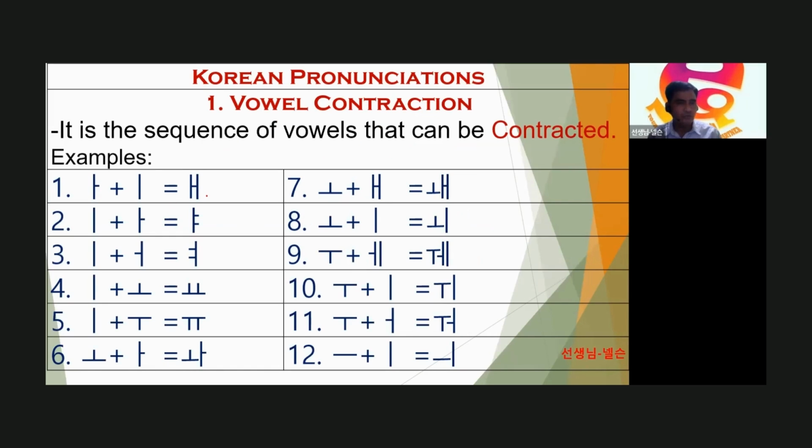Ito rin naman yung na-discuss ko last time na combined vowels. Binasa ko siya: ㅏ plus ㅣ equals ae, ㅑ plus ㅣ equals yae, ㅓ plus ㅣ equals e, ㅕ plus ㅣ equals ye, ㅗ plus ㅏ equals wa, ㅗ plus ㅐ equals wae, ㅗ plus ㅣ equals oe, ㅜ plus ㅓ equals wo, ㅜ plus ㅔ equals we, ㅜ plus ㅣ equals wi, and ㅡ plus ㅣ equals ui.